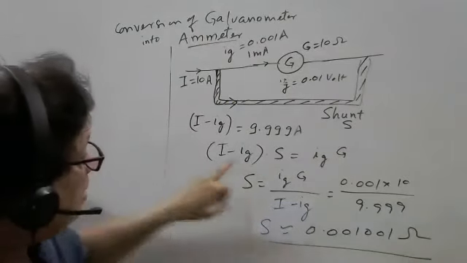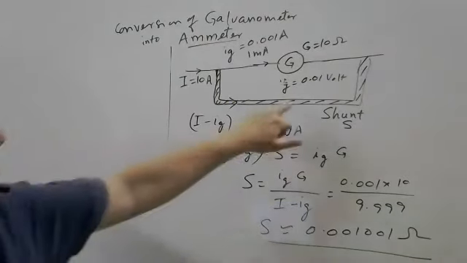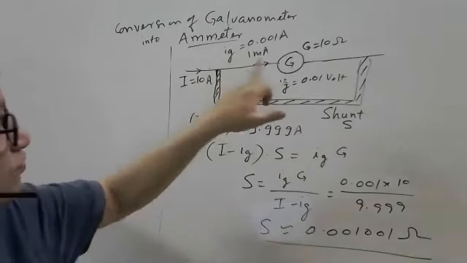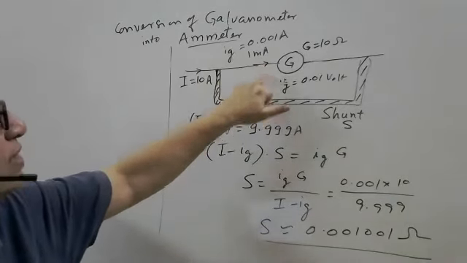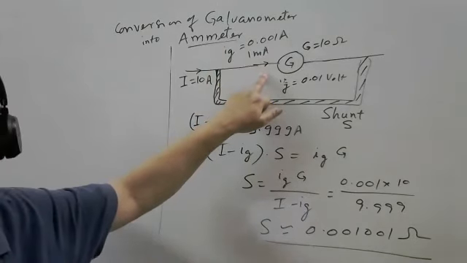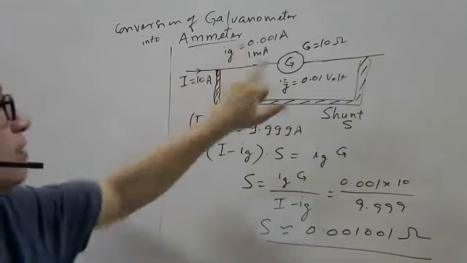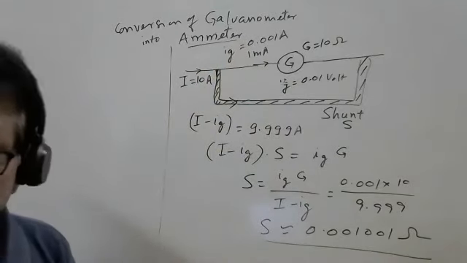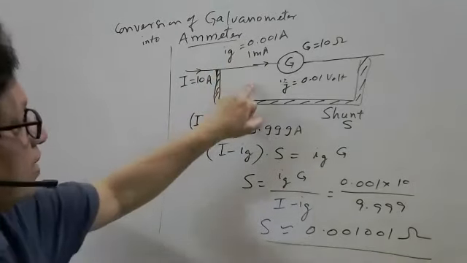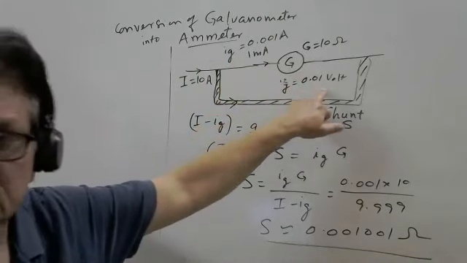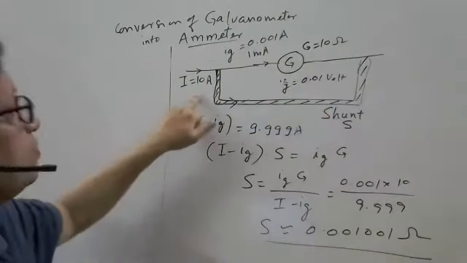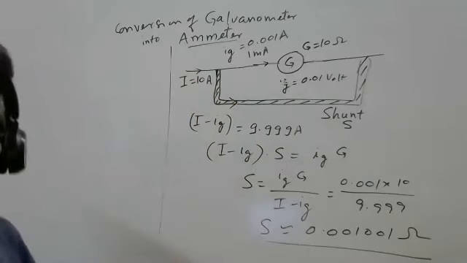Now what happens here? We connect the shunt resistance in parallel. This same galvanometer, which measures a maximum of 1 milliampere current, is now able to measure 10 ampere current, with accuracy. And mind it, here also we get the maximum deflection, full scale deflection, with 10 ampere current. So it is calibrated.